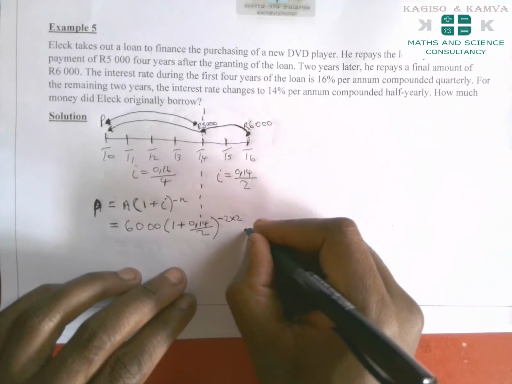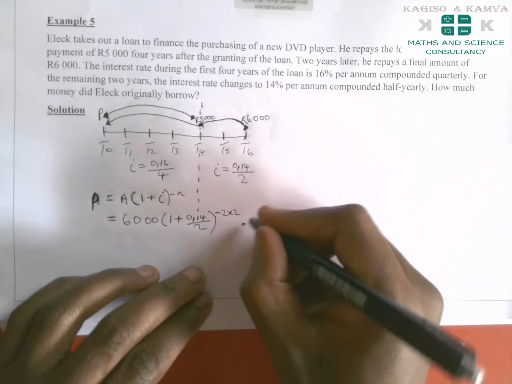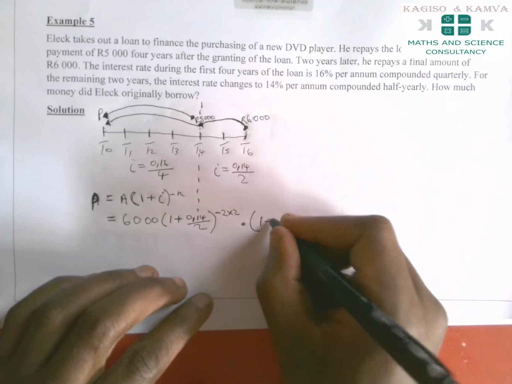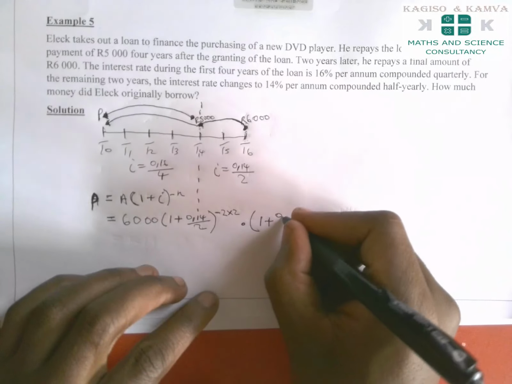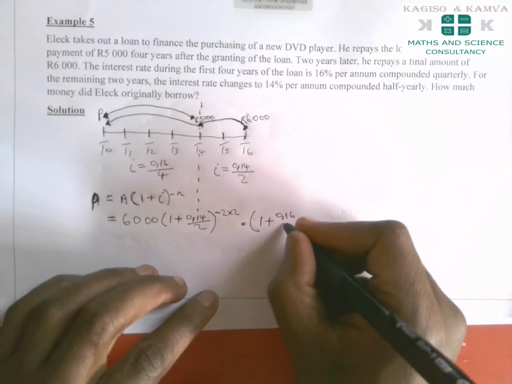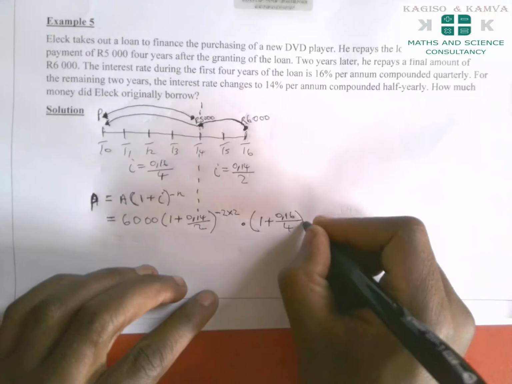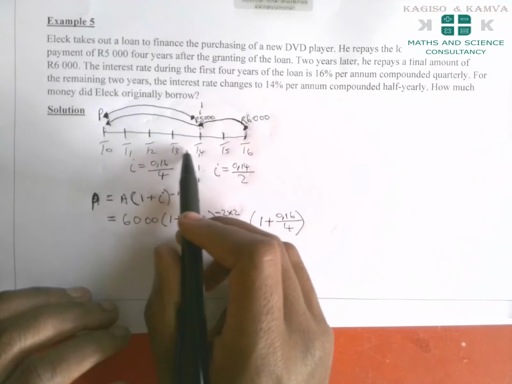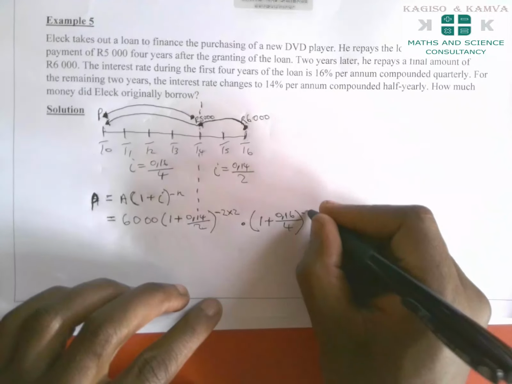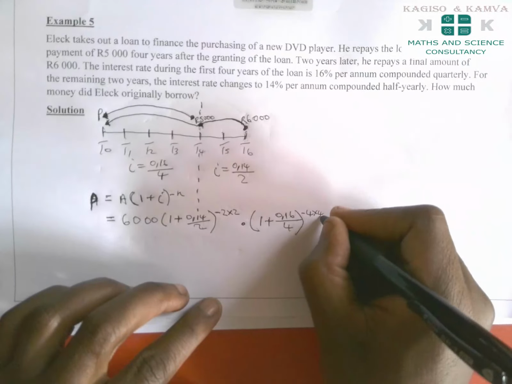Then we multiply this part by this interest rate, 1 plus 0.16 divided by 4, because it's quarterly, for 4 years. Now this is going to be negative 4 times 4.